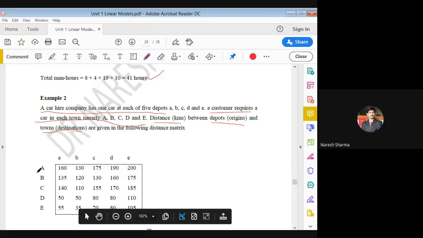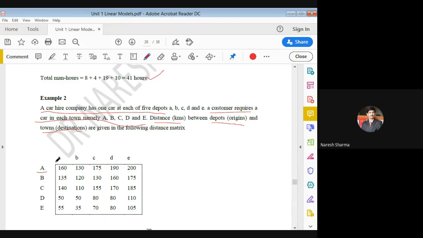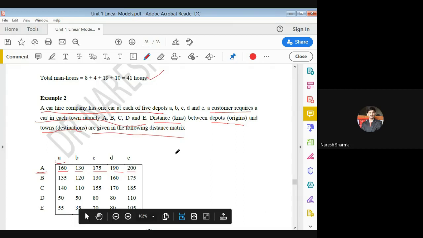So we can send a car from depot small a to city capital A. Its distance is 160 kilometers. So we always prefer to send the vehicle from where the distance is minimum, to reduce this distance. So we prefer the minimum, but the data given is a maximum. The distance is given, so that is your maximum kind of problem.